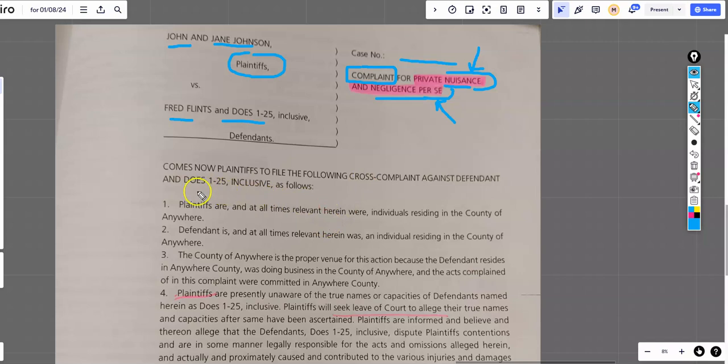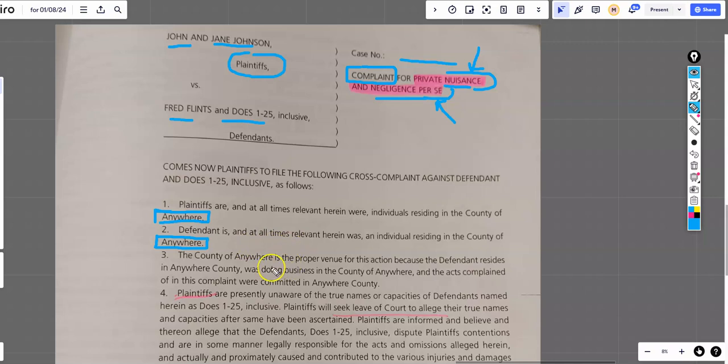Here we have Number 1, plaintiffs are, and at all times relevant herein were, individuals residing in the county of Anywhere. This is where you're going to put the county of where they reside. Defendant is, and at all times relevant herein was, an individual residing in the county of Anywhere. It depends who you're representing, or if you have that information, you can put the defendant's county also.